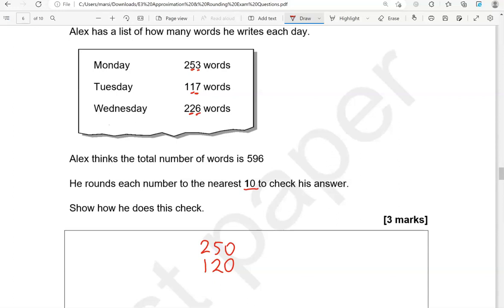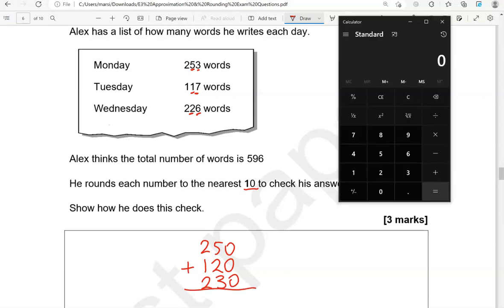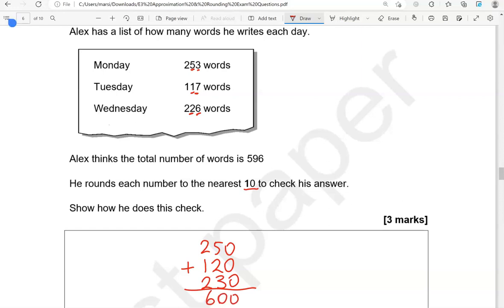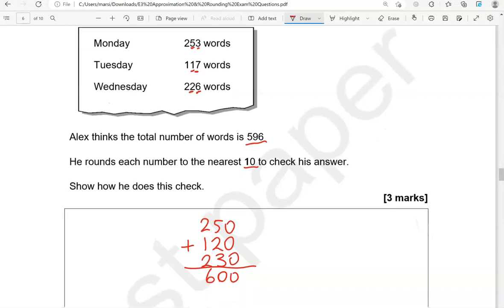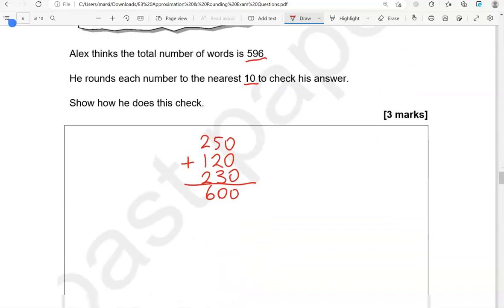So looking at the 6, that's above 5. So we're going to round up again to 230. Adding these together now, 250 add 120 add 230 gives us 600. So that is very close to 596, and it shows that Alex has done the calculation correctly.